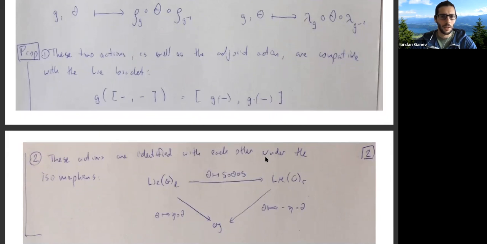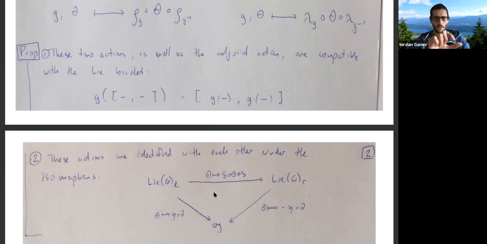All right, the second part of this proposition is that these maps that we saw before, this triangle of different manifestations of the Lie algebra, these maps are all G equivariant. So they're Lie algebra isomorphisms, as we saw, but they're G equivariant with respect to this adjoint action that we just saw.